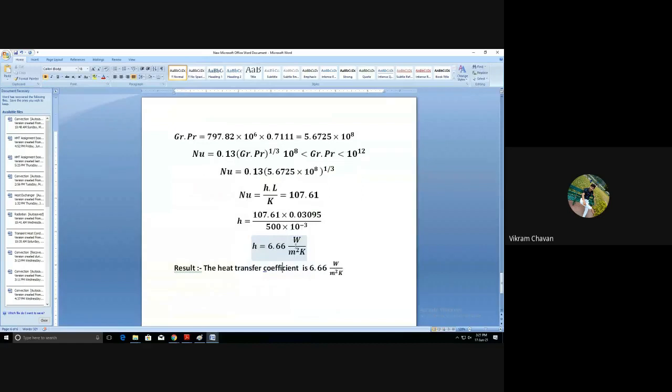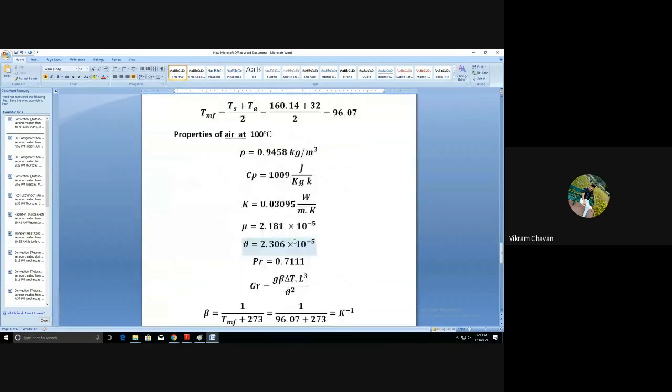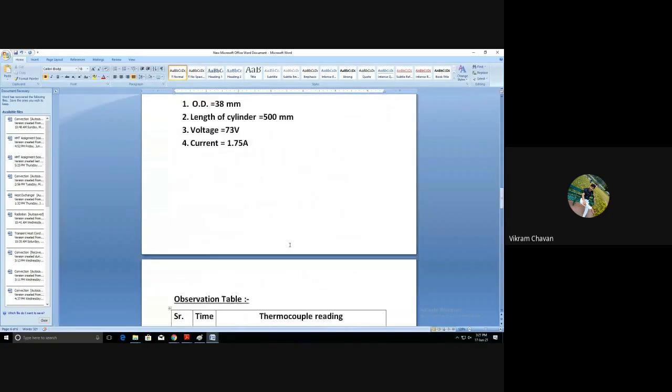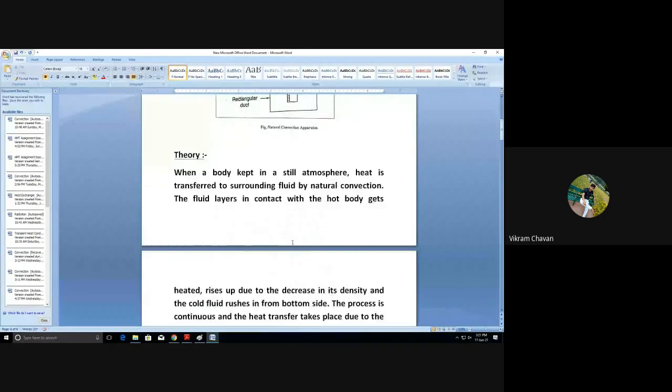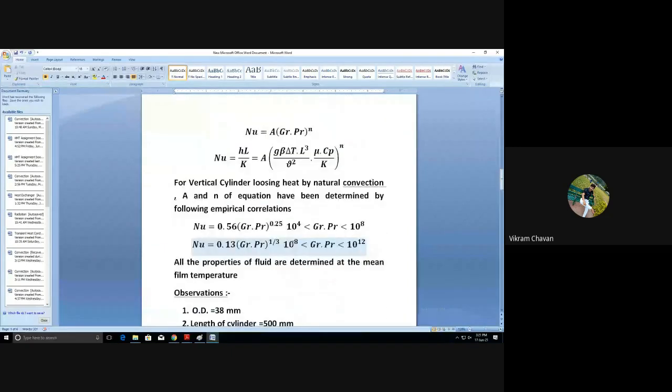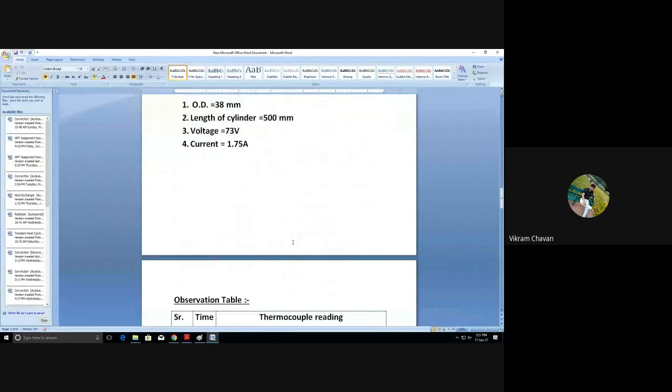We have done the performance and the calculation part also. I will share only that much write-up for you: diagram, some explanation, and the calculation part. You have to write that and share it.